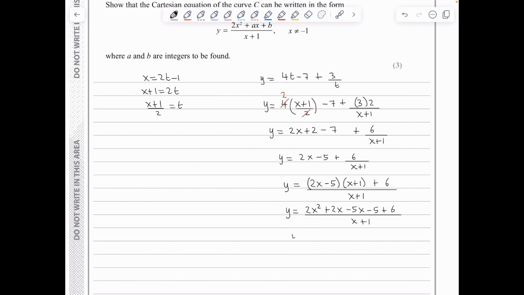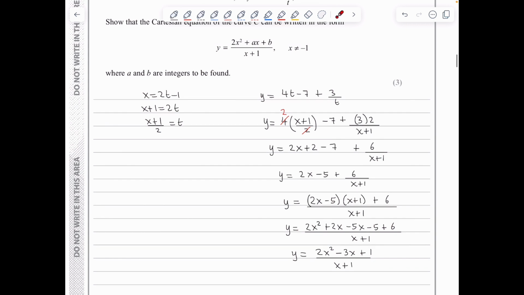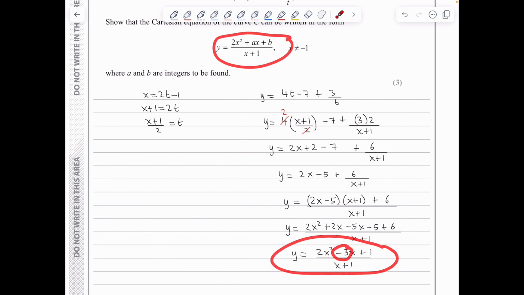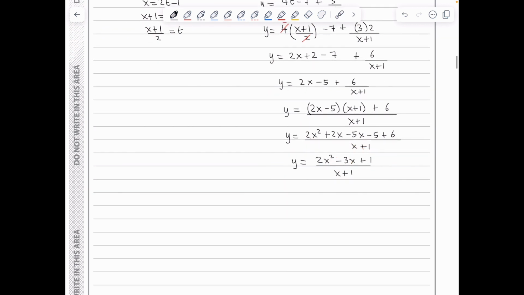I will collect like terms in the numerator to get (2x² − 3x + 1)/(x + 1). If I compare with the expression I was given here, we can see that the a is the −3 and the b is the 1. So my final line would be that therefore a is −3 and b is 1.